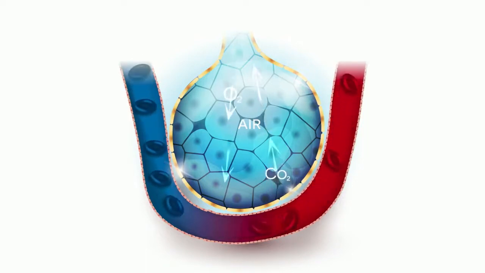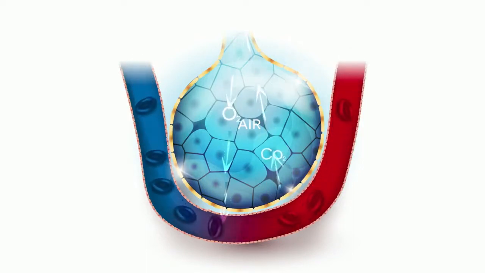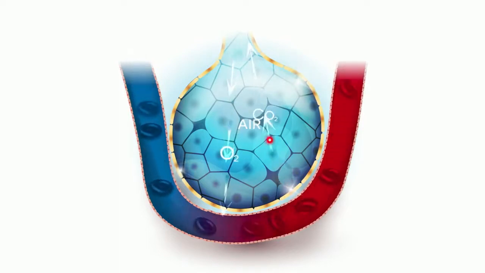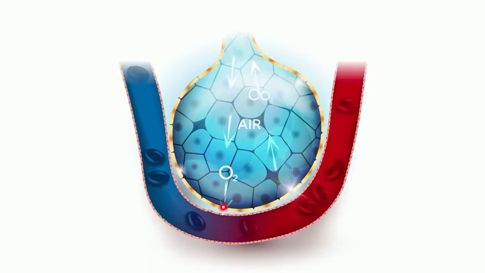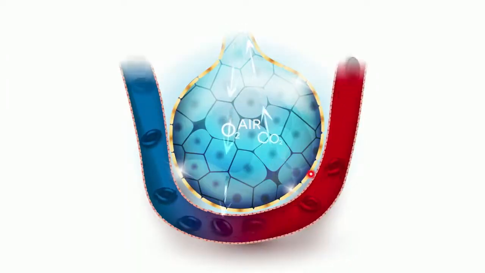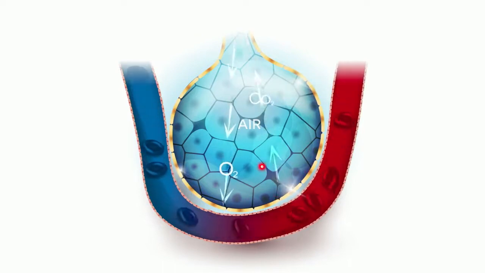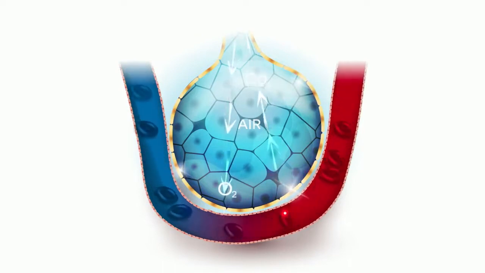Gas exchange happens. You see CO2 is diffusing into the alveoli and O2 is diffusing into the blood. If we have capillary leakage, as we have it in COVID-19 pneumonia, we have lots and lots of fluid and protein, and gas exchange cannot happen.